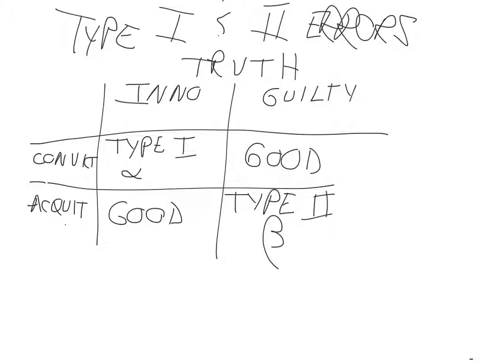Now, in terms of hypothesis testing, so kind of get this down in your head. Let's do this in terms of hypothesis testing. So we're going to draw another grid.